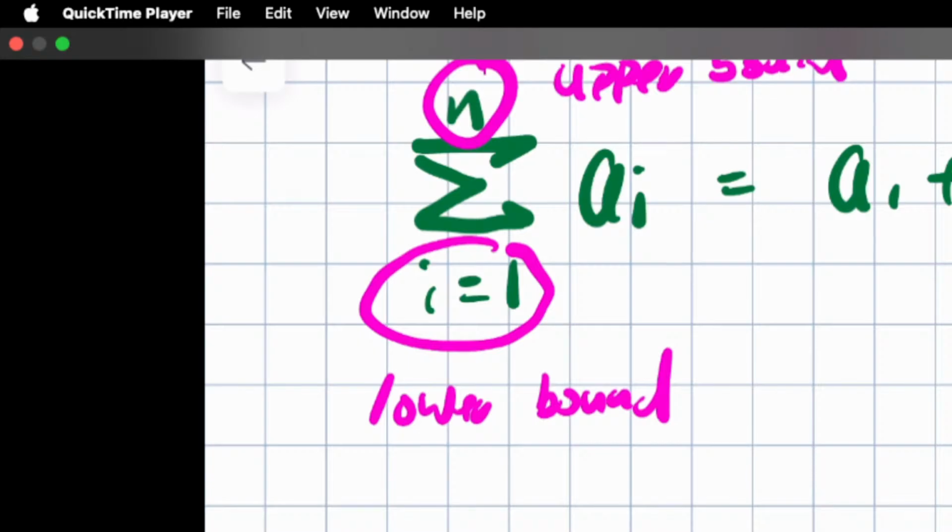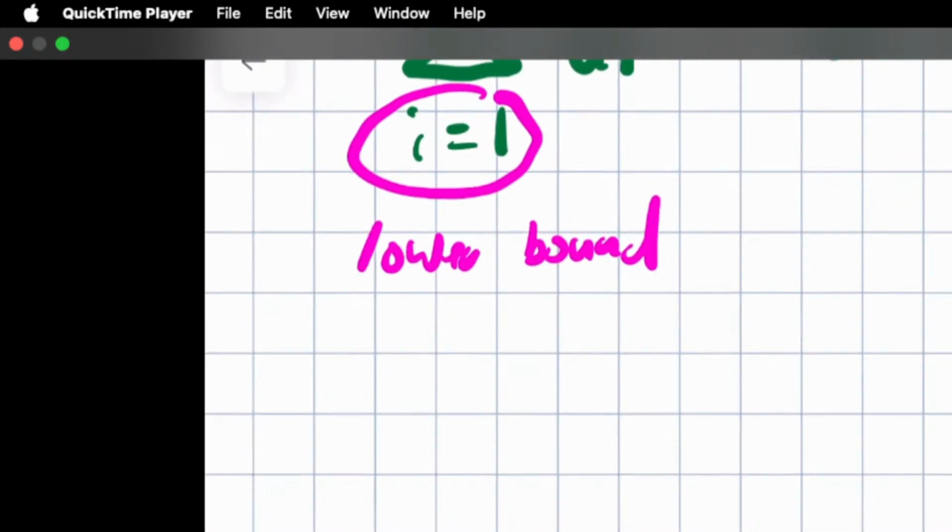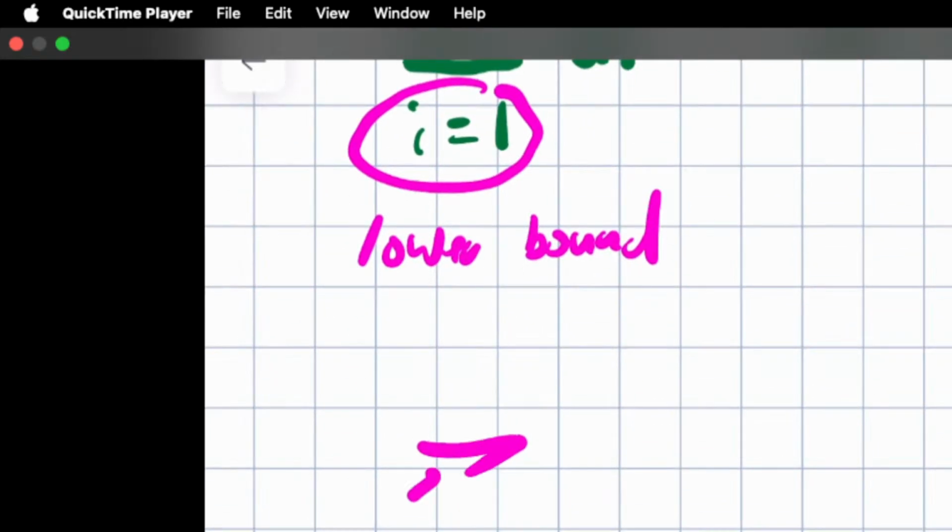Okay, so I'll give you a really easy example. It's gonna be summation. This is also known as sigma or called summation. If i equals 1, and this is 100, what does that mean? This i stands for integers, and it has to be a whole number. It has to continue on 1, 2, 3, 4, 5, 6, 7, 8.